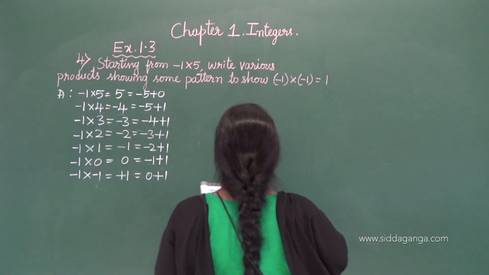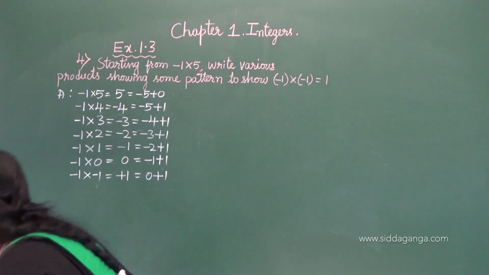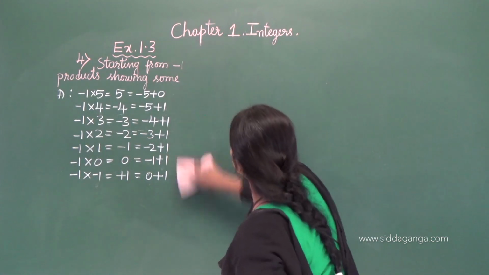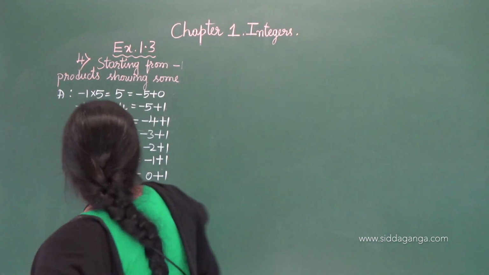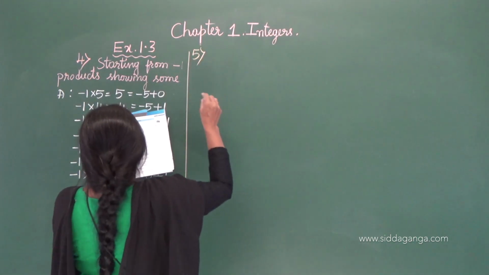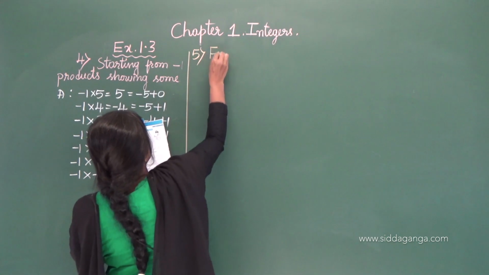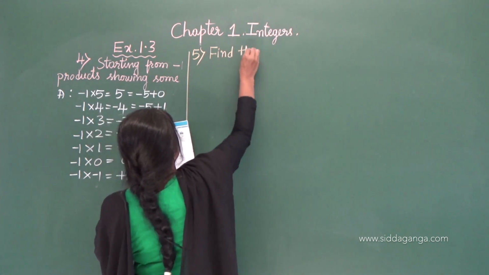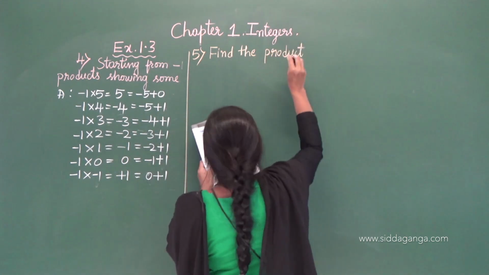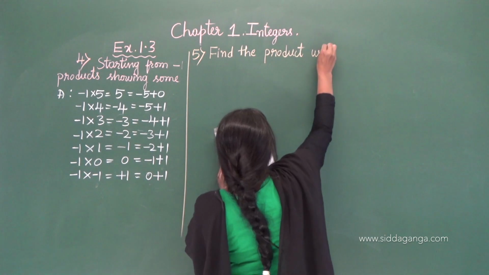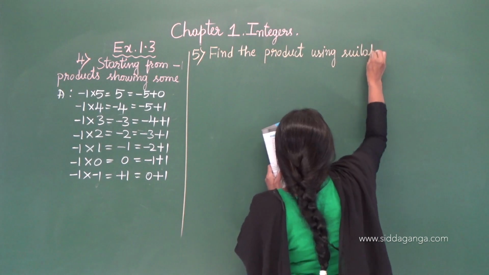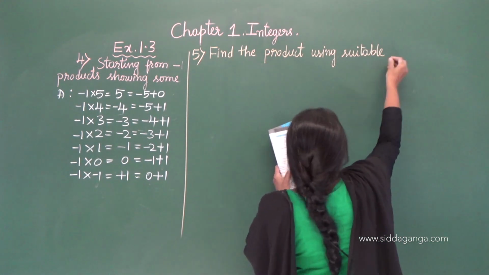The fifth main is like this. Find the product using suitable properties.